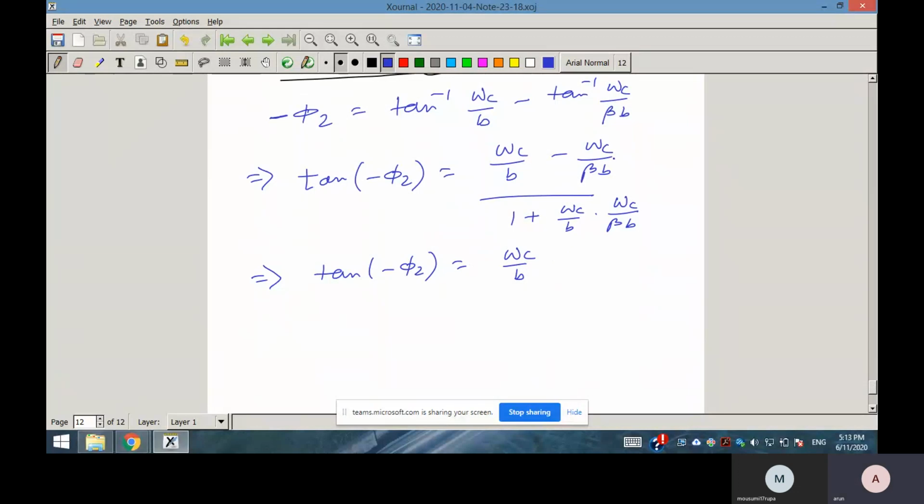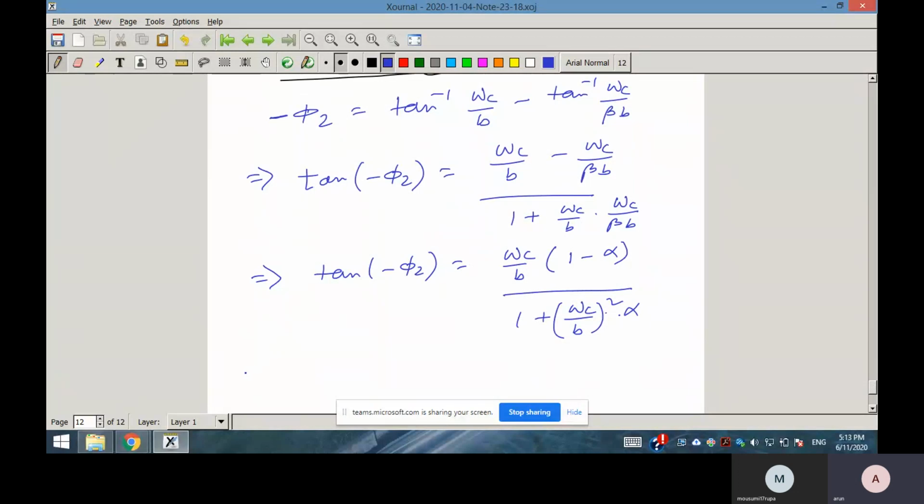So now 1 by beta equal to what? 1 by beta equal to alpha. So omega c by b into 1 minus alpha divided by 1 plus omega c by b, 1 by b is again alpha, so that means this square into alpha. Okay.